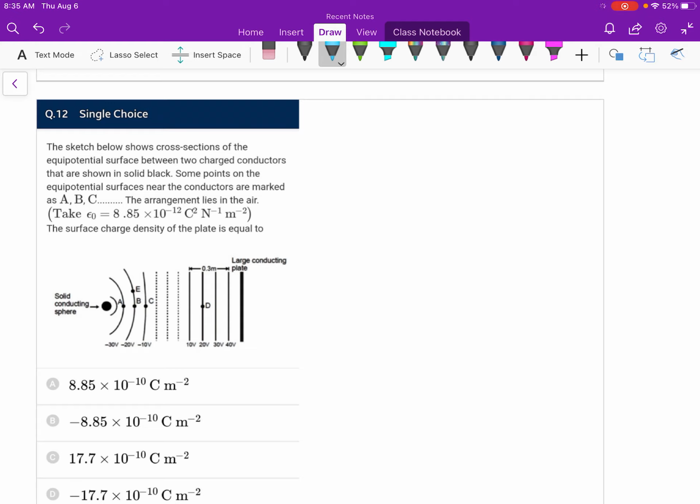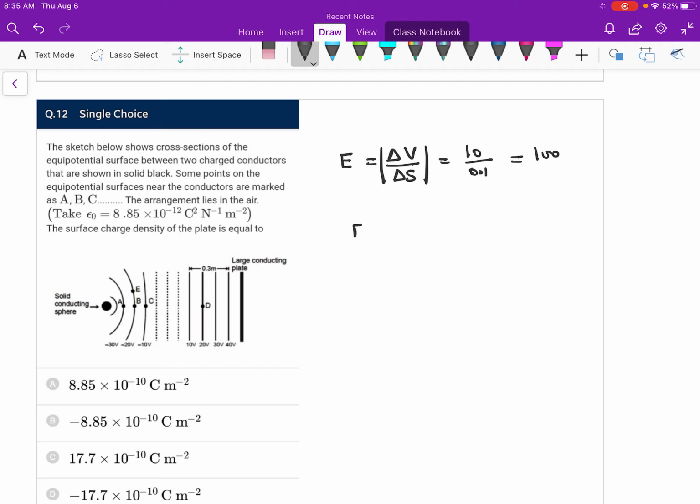Since the field pattern close to the large conducting plate is uniform, electric field magnitude is delta V upon delta S. So delta V is 30 minus 20, 10 volt, upon delta S, which is 0.1, so 100 volt per meter.